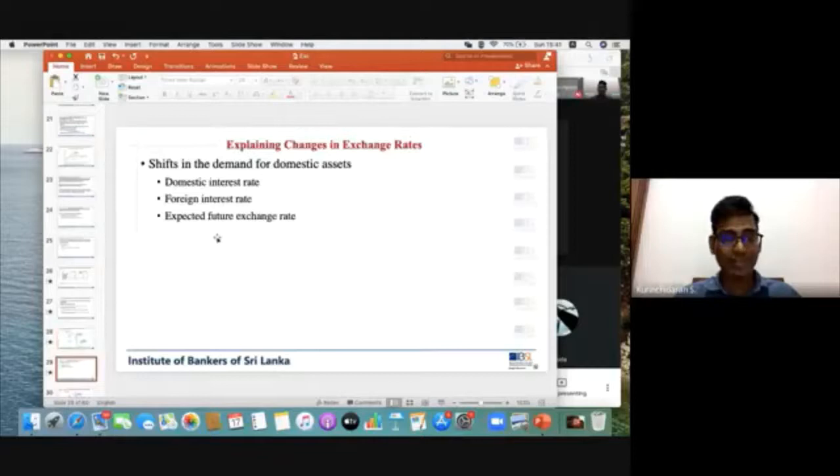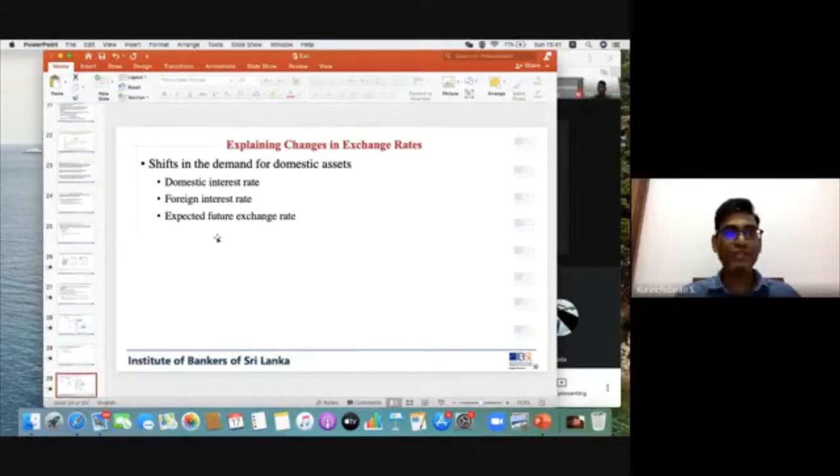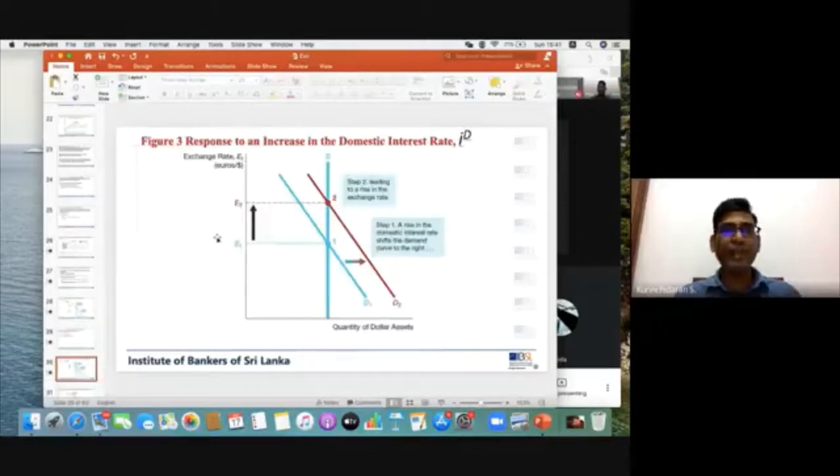Now you can see these two factors would be changed due to the domestic interest rate, the foreign interest rate, or the expected future exchange rate. Let's look at the first one, the domestic interest rate. Now you can see the graph, the response to an increase in the domestic interest rate, that is ID.